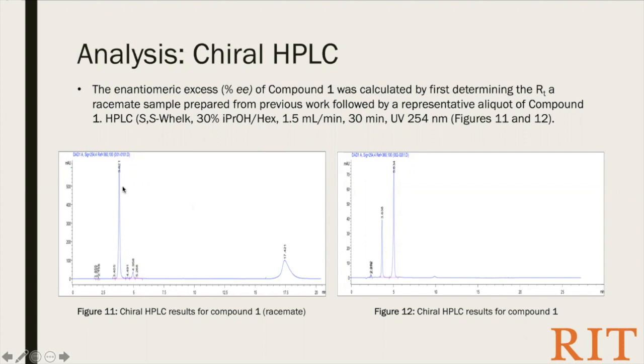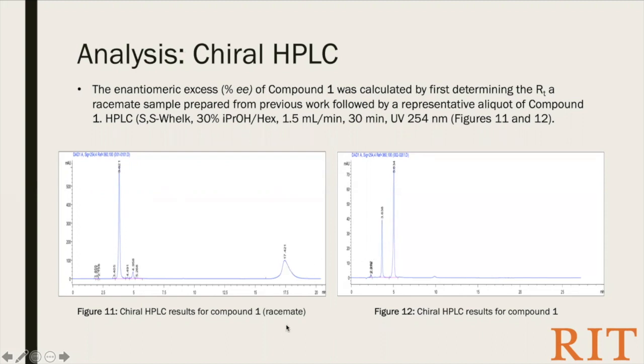As you can see here, the enantiomeric excess of our compound was calculated by determining the area under the graph of each of the huge peaks. On the left side, there is a huge peak at around 4, which goes up to about 600. And there is also a peak at 17.5, which goes to about 100.